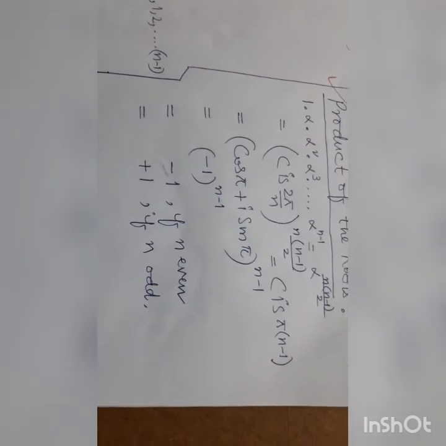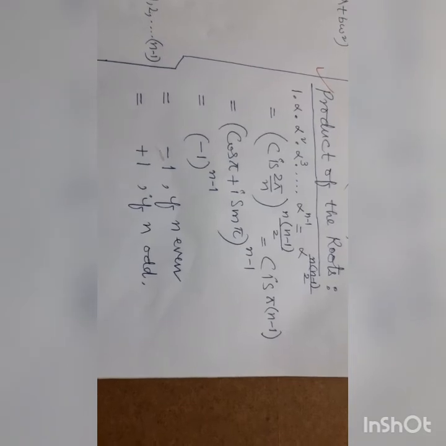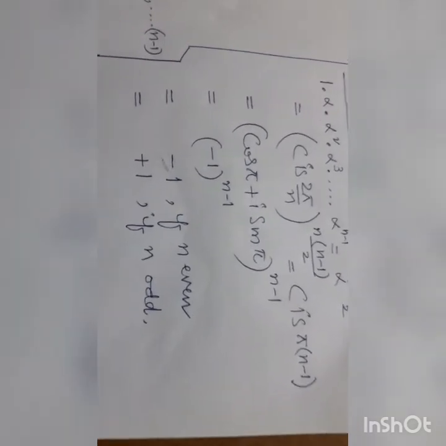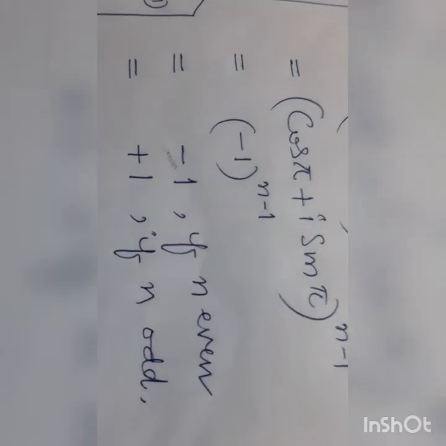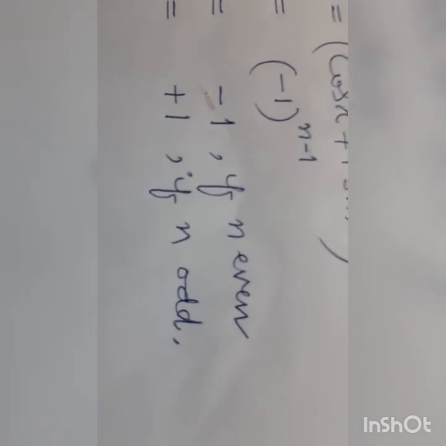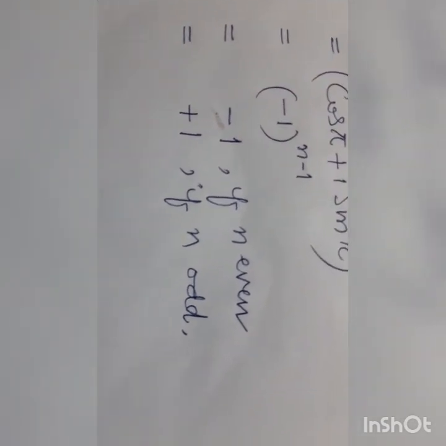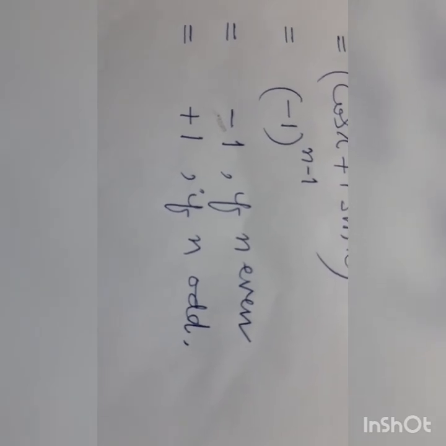You have to remember the product of the nth roots of unity will be minus 1 to the power n minus 1. If n is even, it is minus 1. If n is odd, it is plus 1. Product will be like that. This is different. Okay, let us meet in another class.